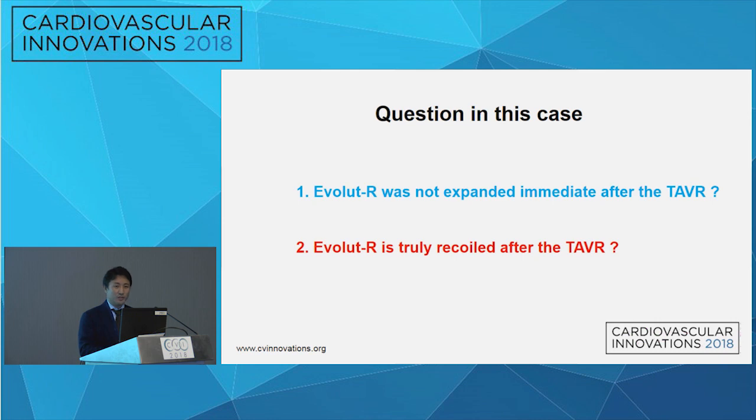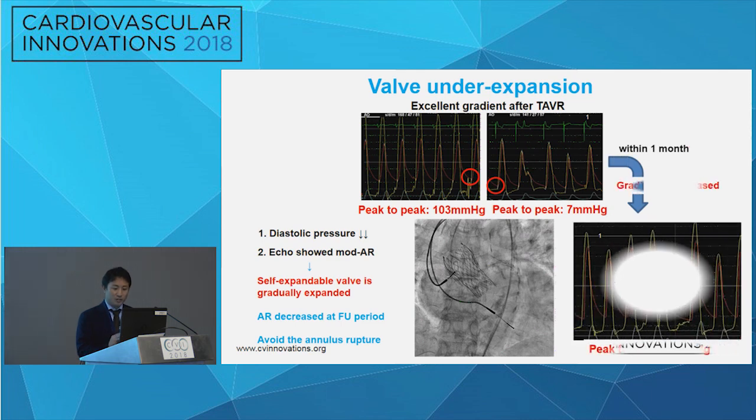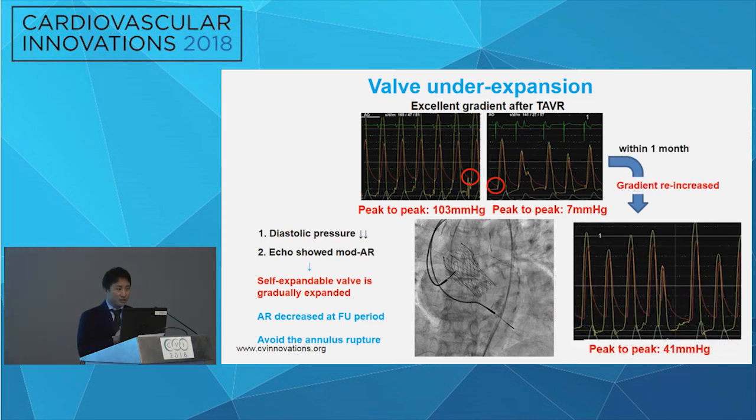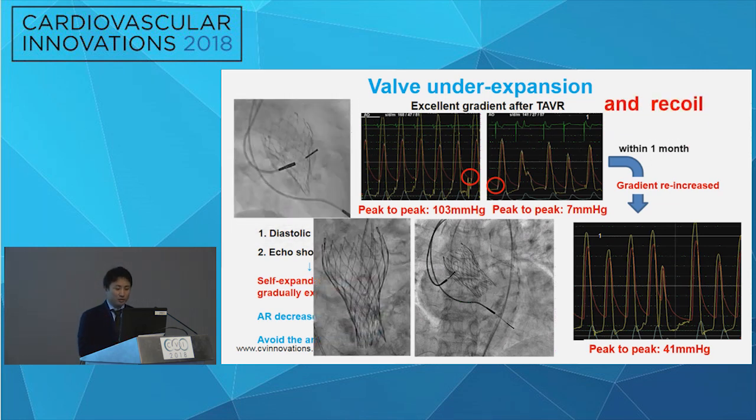And question 2: is the Evolut truly recoiled after the TAVR? Diastolic pressure is decreased and the peak-to-peak gradient was 7, but within 1 month the peak pressure gradient re-increased. So I think not only valve under-expansion, but also recoil, gradually recoiled like this, I believe.